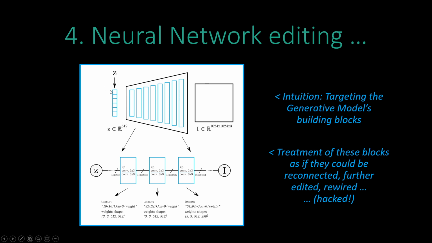So this is a generative network where we have a latent vector here and generating an image here, but you can look inside this illustration and see that it's built from some upscaling and some convolutional layers, and you can actually take the weights from that convolutional layer, the tensor there, and then maybe start reconnecting, rewiring it, editing it somehow, adding some effects there, maybe treating it as a signal that you process through some DSP processes or something.